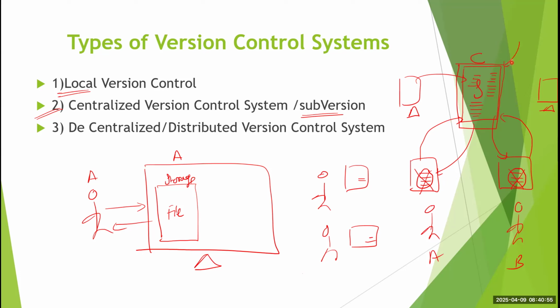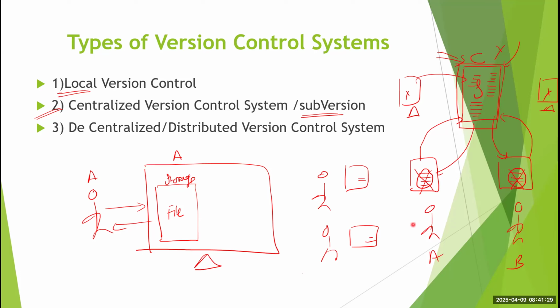If the server goes down, or the network connection is not there, or any problem occurs on the server side, and you don't maintain local copies on your local machine, in that case you might lose your data. Remember, if any problem occurs on the server side, you will not get recovery, because all the files are available only on the server. We don't have anything on our local machine, and that's the biggest challenge.